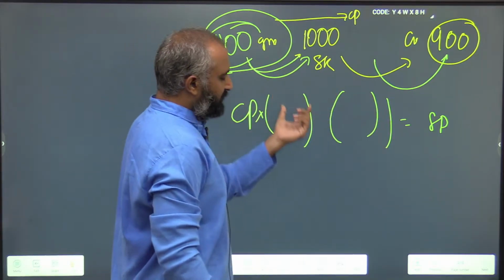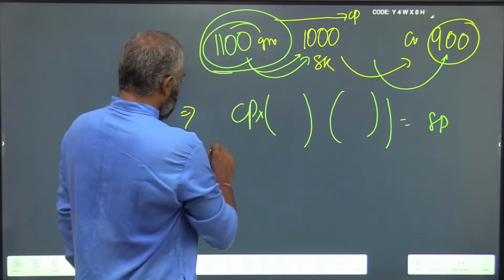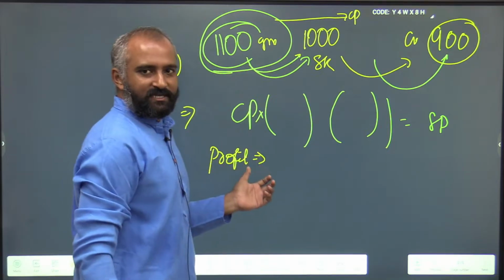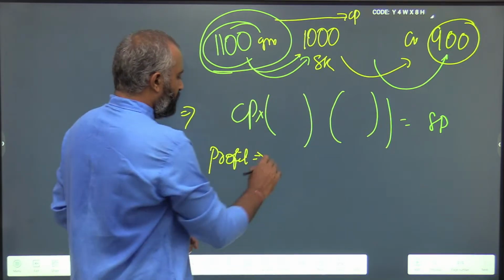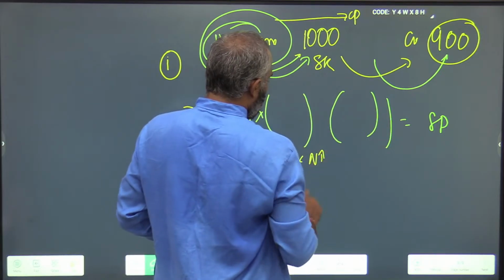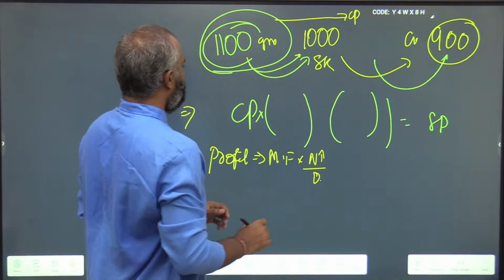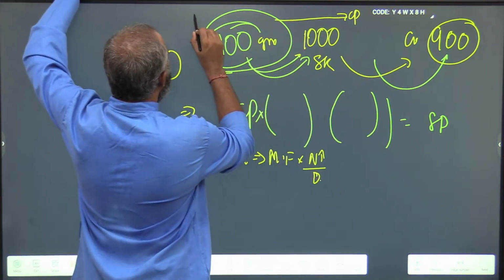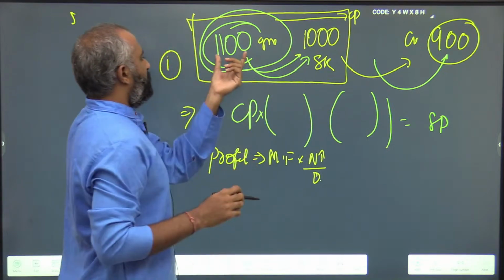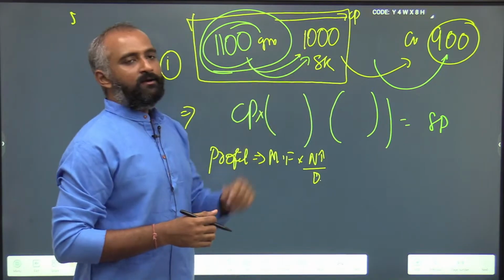So he is cheating the wholesaler, that means he should get some profit, right? And just now we have discussed that for profit to happen, the multiplication factor should have a greater numerator than the denominator. So just consider the values that are involved here: 1100 grams and 1000 grams.